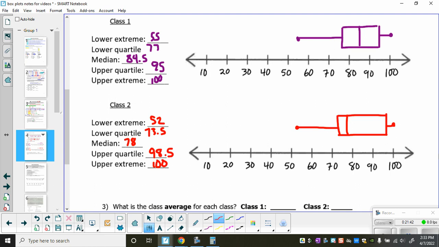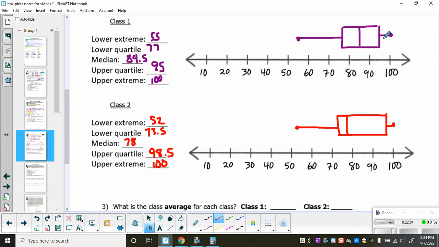So you can see here that the box plots show a similar spread overall. The range of the scores was 55 to 100 for the first class and 52 to 100 for this one. So if you look at it that way, both classes did about the same. If we look at the median, we would say that class 1 did better than class 2.